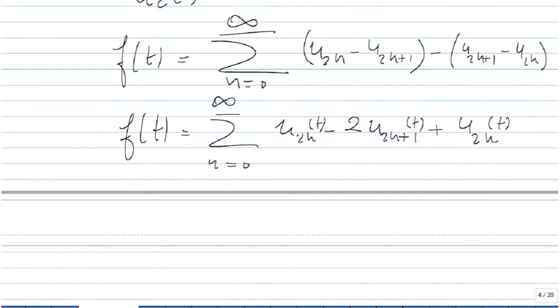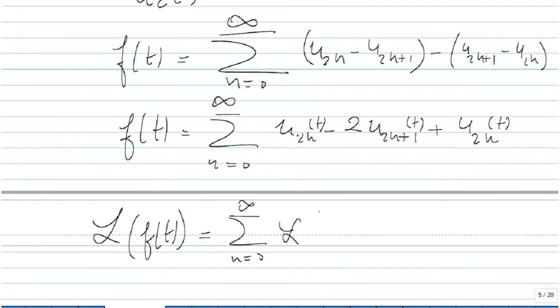So now we go for Laplace, and we go symbolically from n equals 0 to infinity of Laplace of u2n minus 2 Laplace of u2n plus 1 plus Laplace of u2n plus 2.